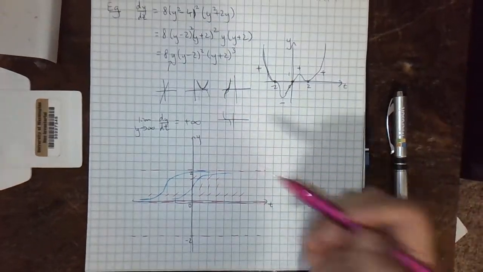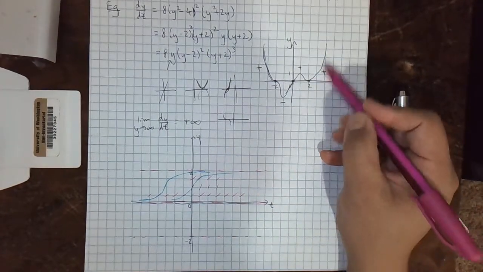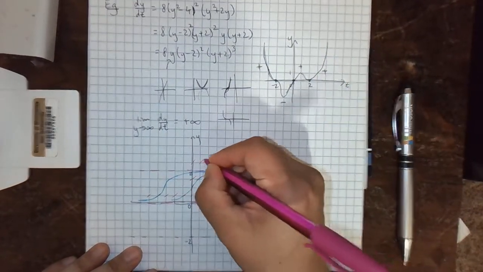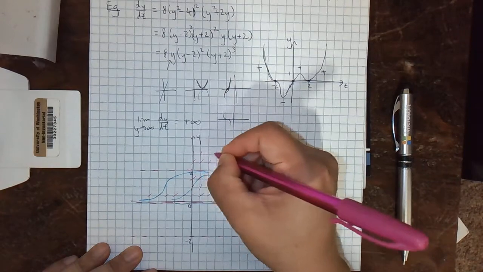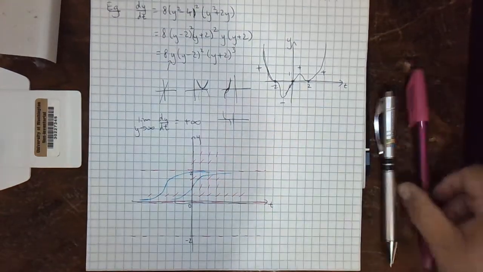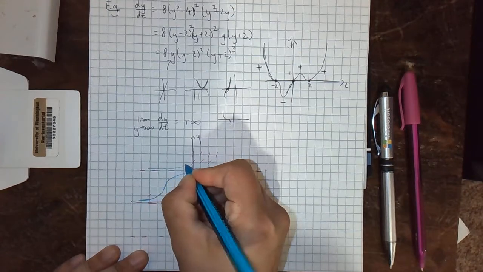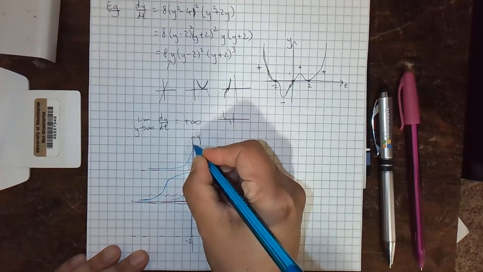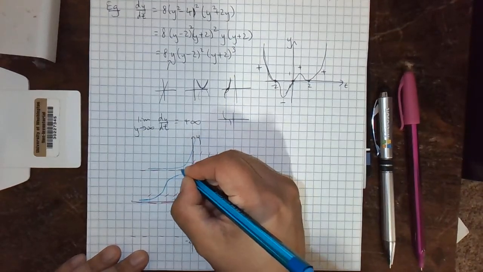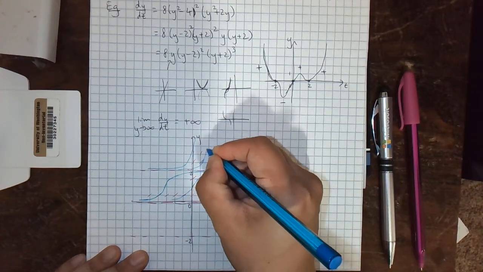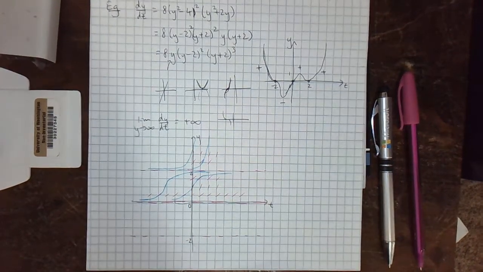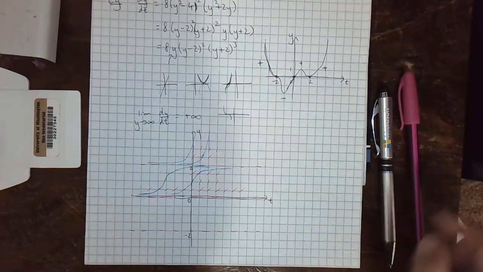Okay, what about above 2? Well, I'm getting more and more positive. So I'm getting bigger and bigger. So my solution curves here, I start with a small slope, I get steeper and steeper and steeper. So solution curves look like this. And then what about down here?